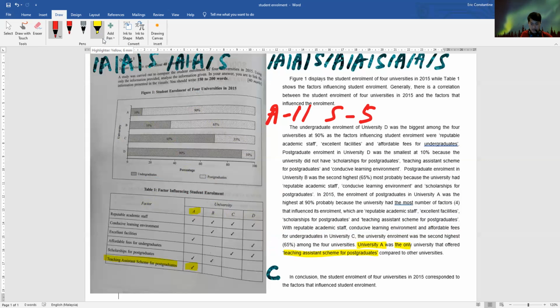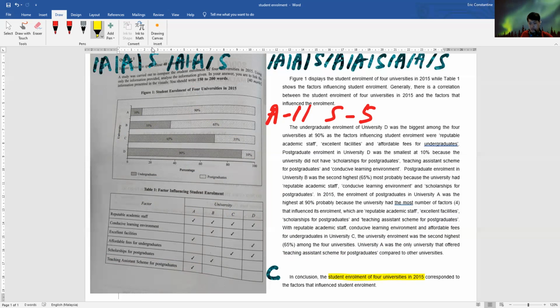Okay, now the last part you need to remember is your conclusion. Now the conclusion also links to the overview. Let me just use my highlighter once again, and I'll just remove this part here, so that you're not confused. Now, in conclusion, the student enrollment of 4 universities in 2015.